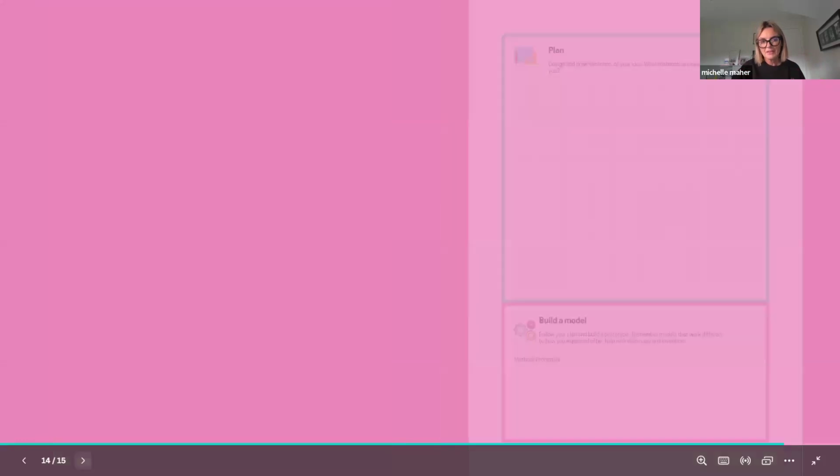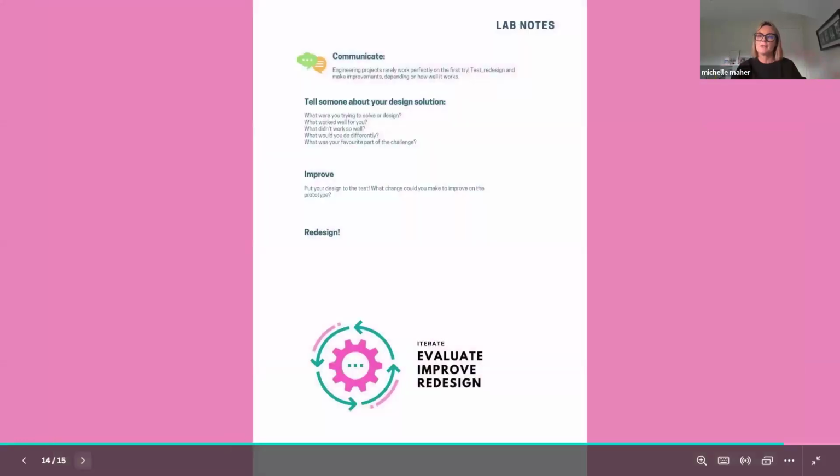And the final step is you communicate. The students might, in some cases, go to Galway Science Festival and talk about what they did. They might stand up in front of the class or at an assembly and talk about their design challenge. But the big thing is that you iterate, you improve, you redesign.